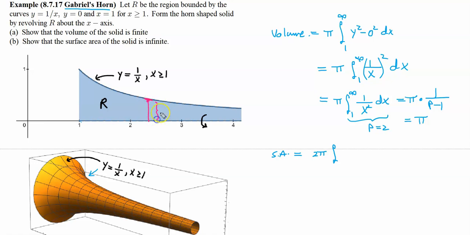Now the radius there is going to be y times square root 1 plus dy dx squared dx. And this goes from 1 to infinity. And so now this is going to be 2 pi.